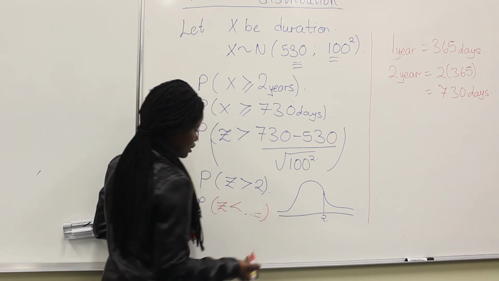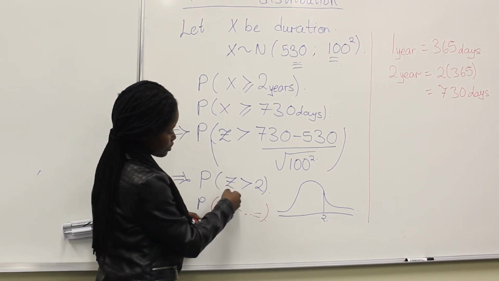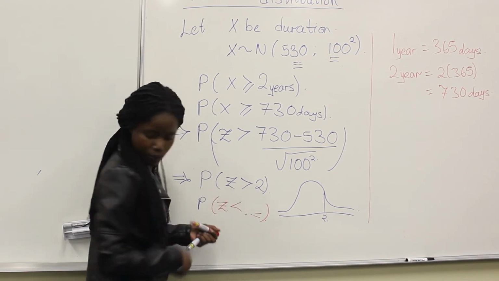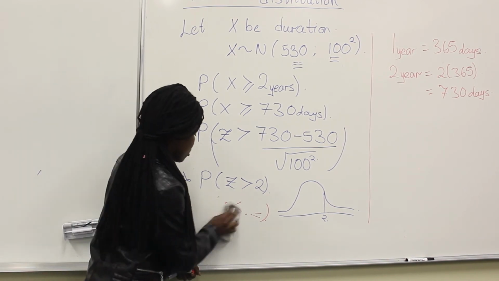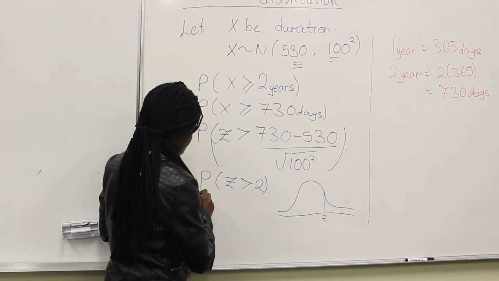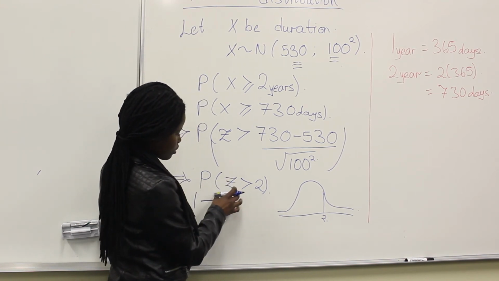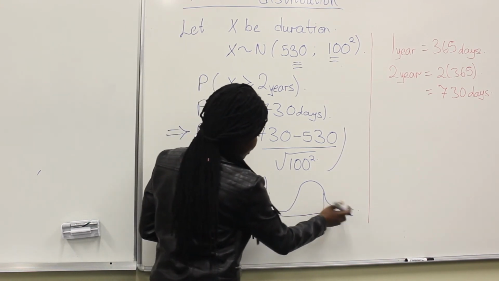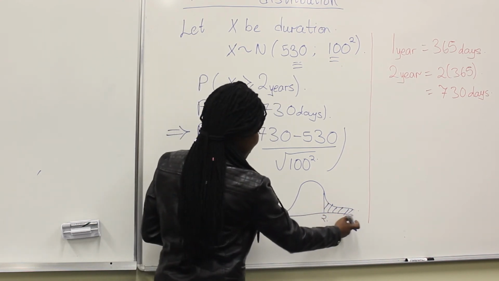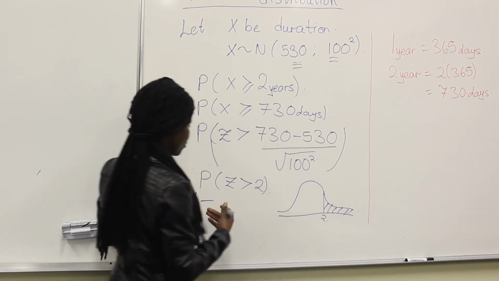For this formula, we have the probability of z being greater than 2. So to change this, we have 1 minus, because we need to get the probability on the right side of 2.